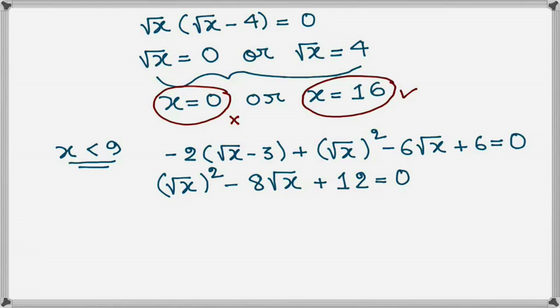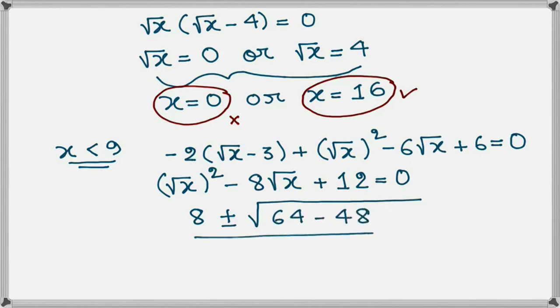We solve it for the variable square root of x and we get the solutions are 8 plus minus square root of 64 minus 48, divided by 2. So we have square root of x is equal to 2 or 6.